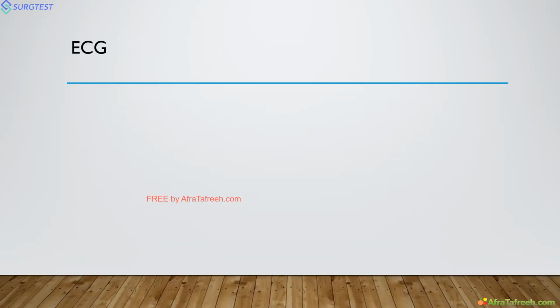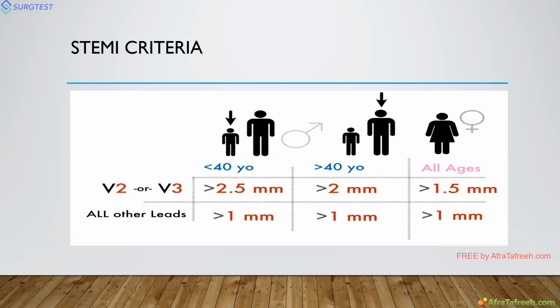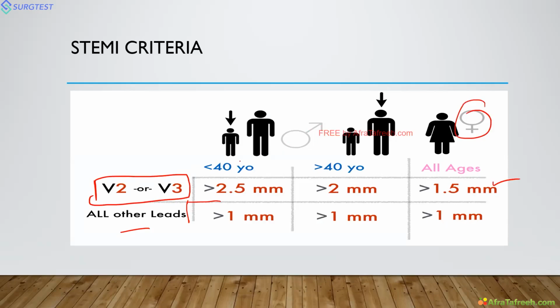Now the ECG criteria for diagnosing STEMI. Very important: in all leads it is 1 millimeter, except V2 and V3, because in V2 and V3 there is normally slight ST elevation. There we divide into males and females. In females it is 1.5 millimeter. In males, we divide into less than 40 years and 40 years and more.